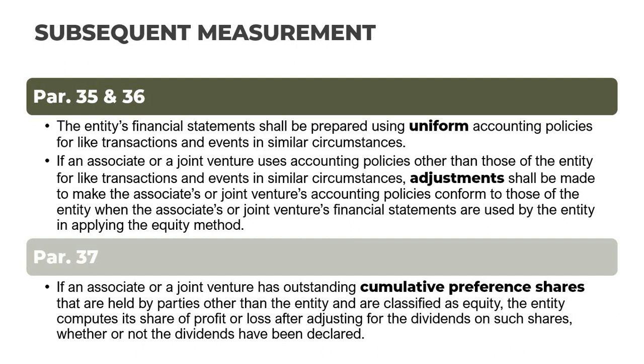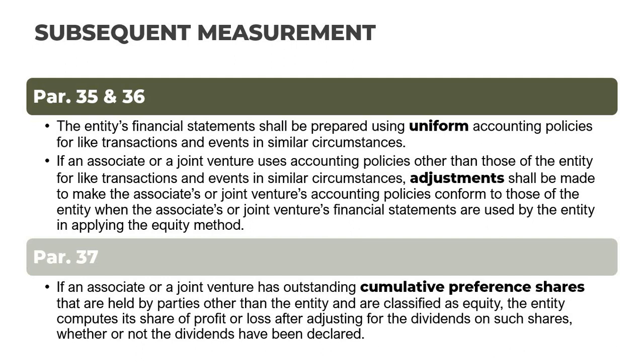At in case daw na yung accounting policy ni associate ay iba sa accounting policy ni investor, kailangan gumawa ka ng adjustments kay associate para mag-reflect yung accounting policy ni investor. So, for example, si investor ay naka FIFO method, pero si investee or si associate, ang ginagamit niya is the weighted average method. So, when applying the equity method, kailangan gumawa ng mga adjustments para yung weighted average ni associate ay maging FIFO method.